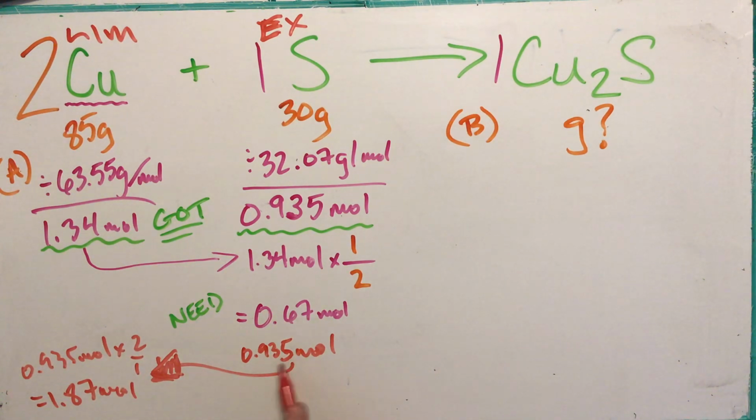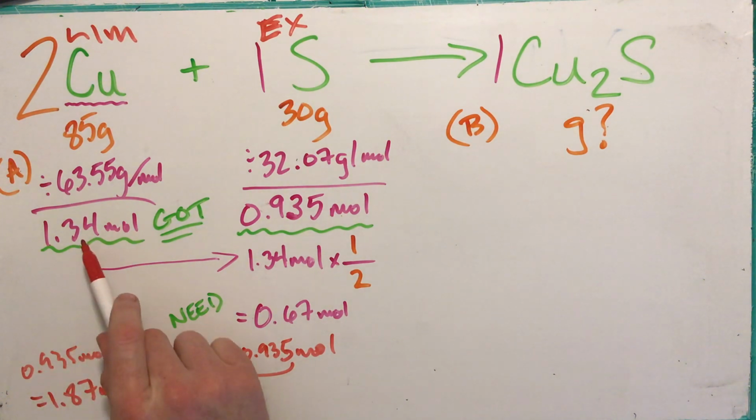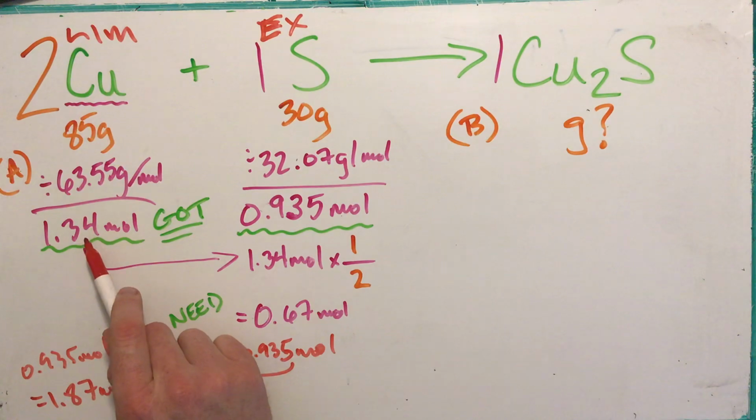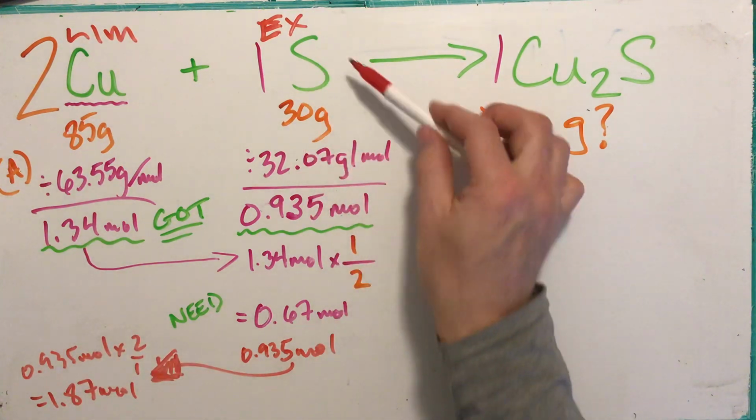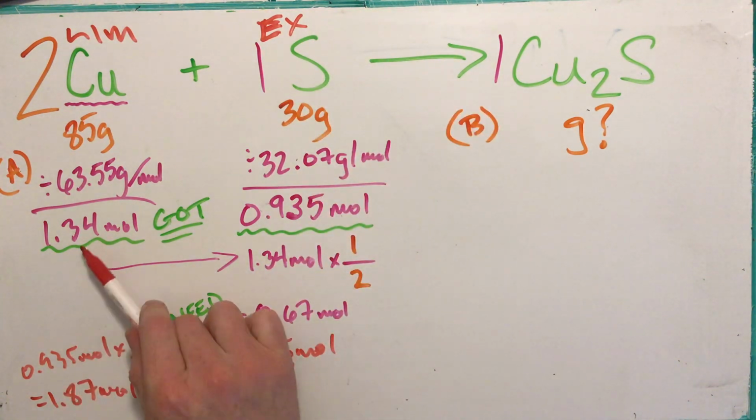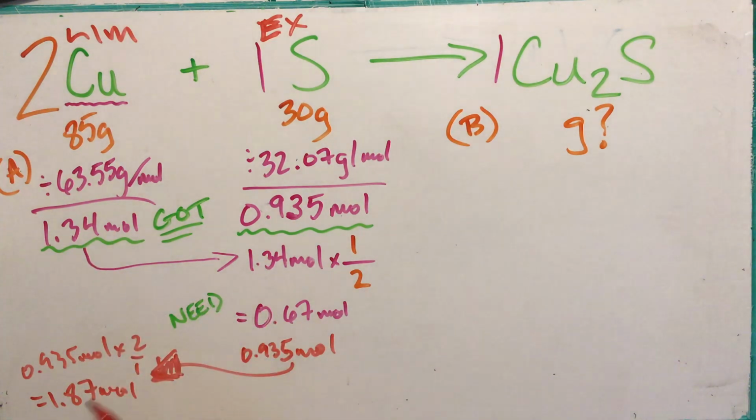So to burn off all the sulfur, I need 1.87 moles of the copper. I have lower than 1.87 moles, so I'm not going to be able to burn off all the sulfur. That means it's excess, and I'll run out of this. I only got 1.34, I need 1.87. So both ways will point to copper being your limiting reagent.